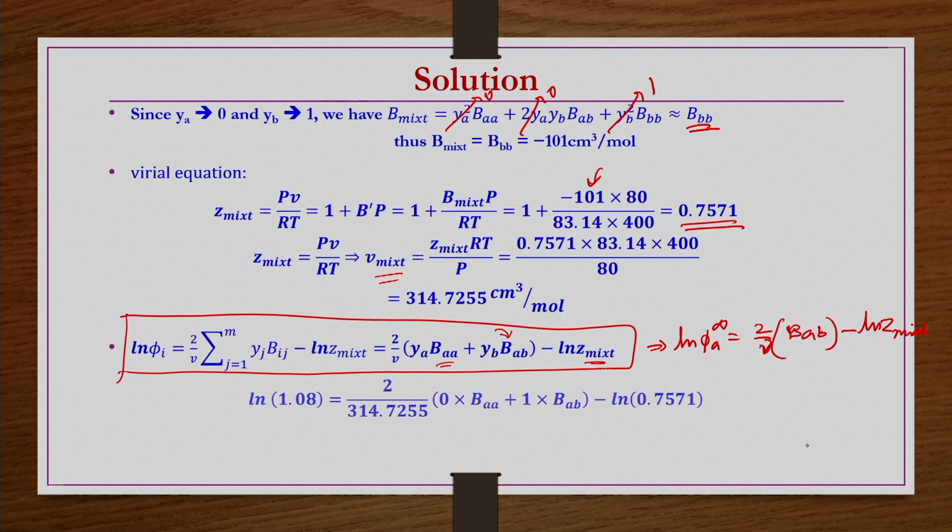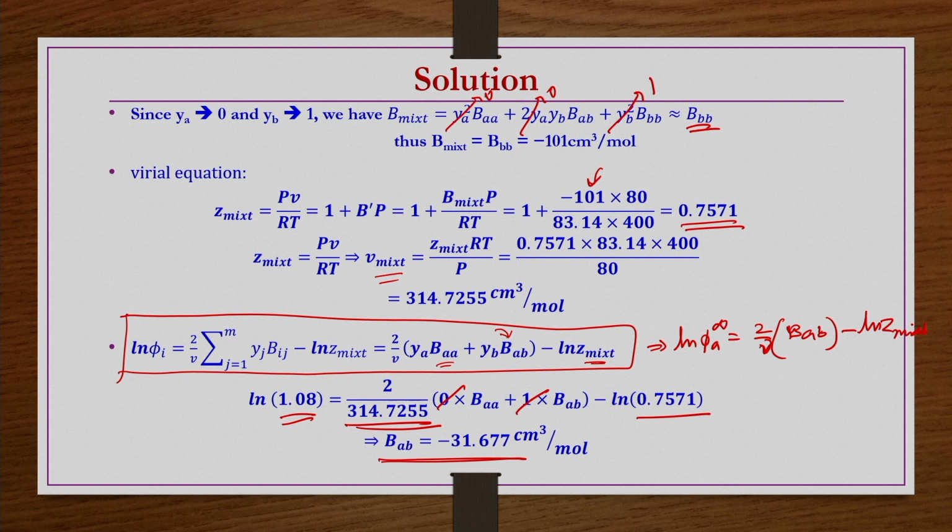Now ln phi A infinity is given as 1.08, 2 by V we obtained, Ya is 0, Yb is 1, and Z mixture you got 0.7571. So, then here B_AB you can see is minus 31.677 centimeter cube per mole.